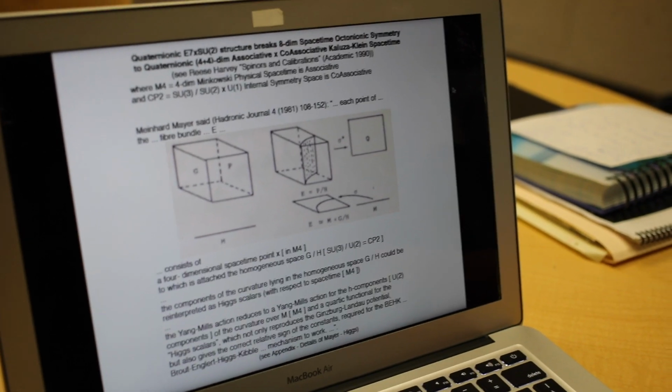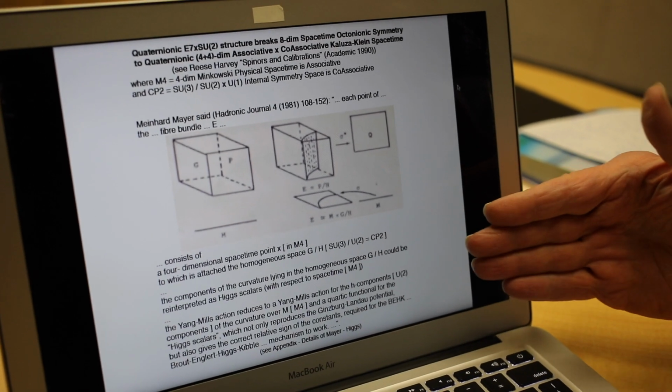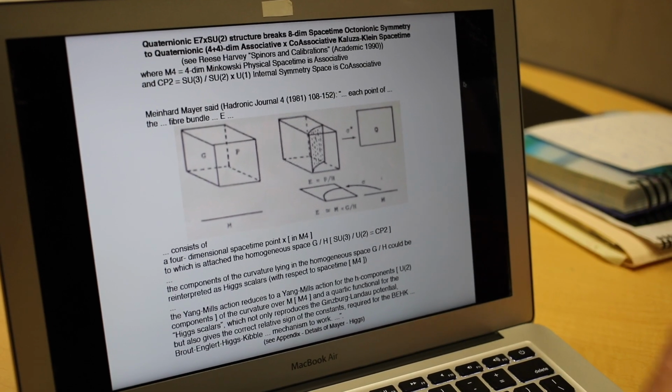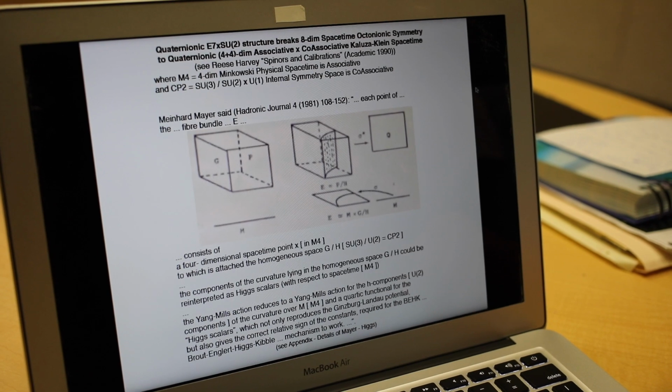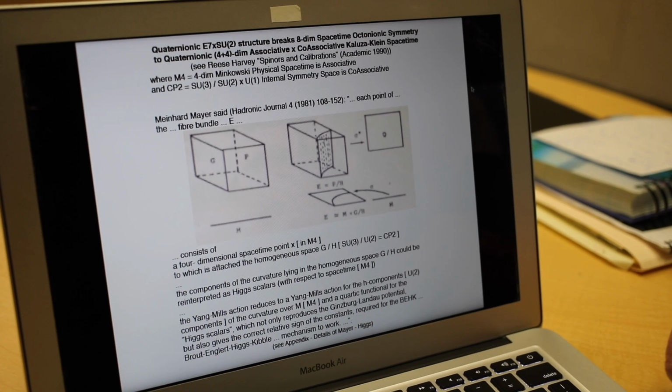The calculations are too complicated to put in a presentation like this. But it all works out very nicely and is based on a result from the book by Kobayashi and Nomizu.